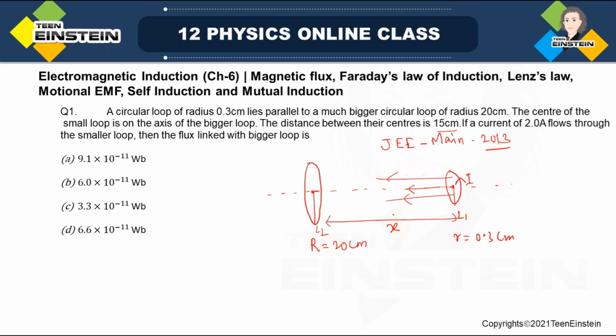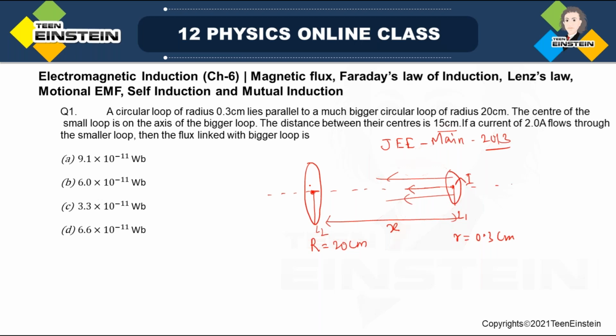So what is the magnetic field produced by this smaller loop? Since current is flowing through the smaller loop, it will produce a magnetic field at the center of this bigger loop. What is the magnetic field?